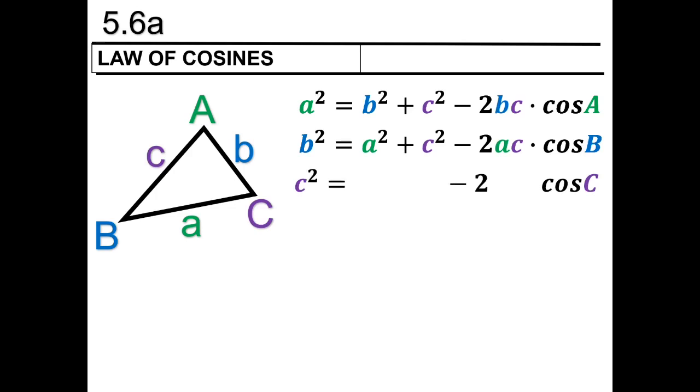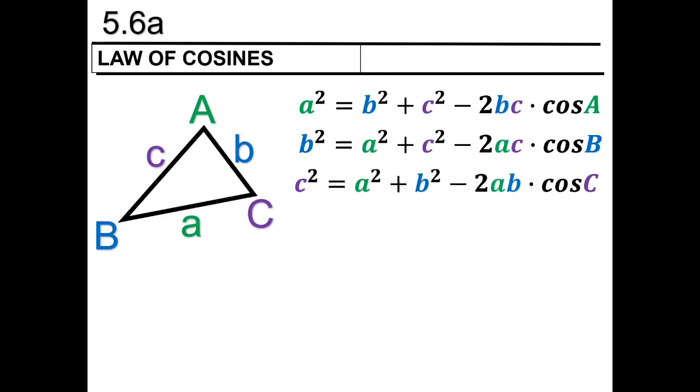There would be a -2 in the same location. The other two side lengths that have not been used are side lengths A and B. They would end up going here and here.